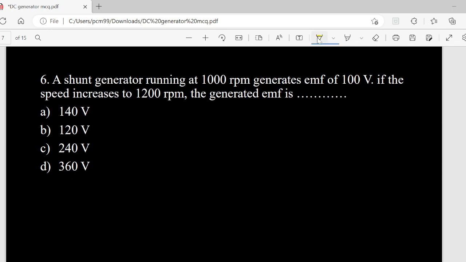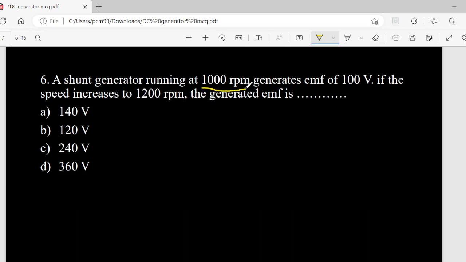Question number 6. A shunt generator running at 1000 rpm generates EMF of 100 volt. If the speed increases to 1200 rpm, the generated EMF is dash. Option A 140 volt, option B 120 volt, option C 240 volt, and option D 360 volt. First of all, write the given data.